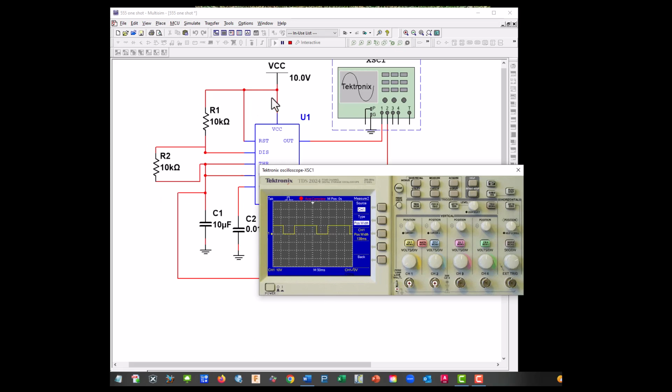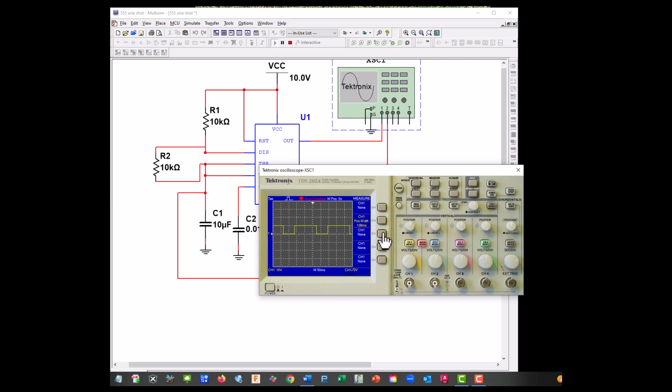And with these resistors and capacitors, we could change the frequency and we could change the width. The positive width is always going to be greater than the minus width because of the way the circuit's set up.